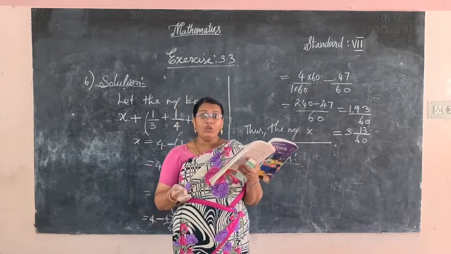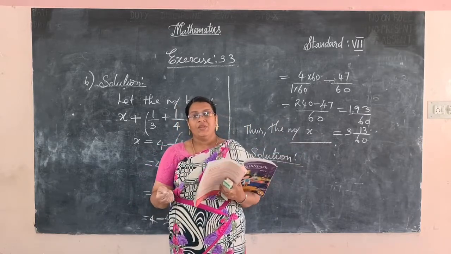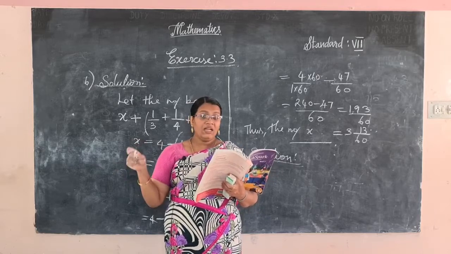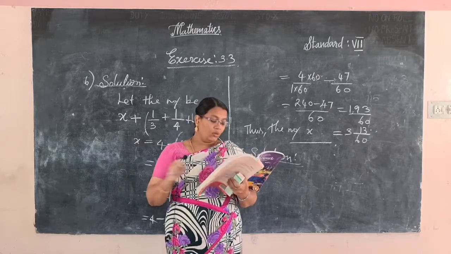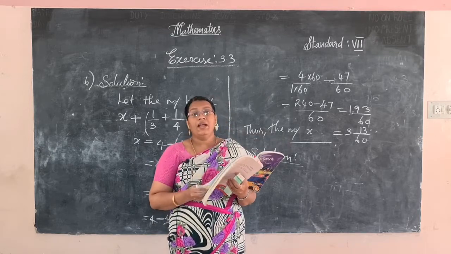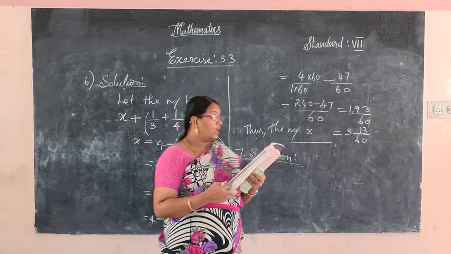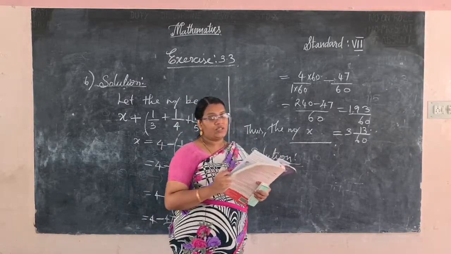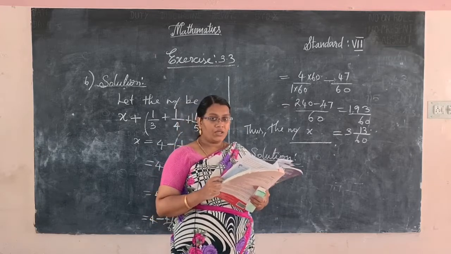We have to find out the length for each shirt. So totally 35 shirts are made from the total length 49 by 2 meters.